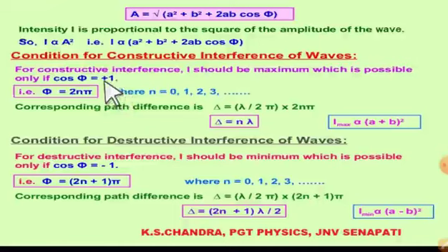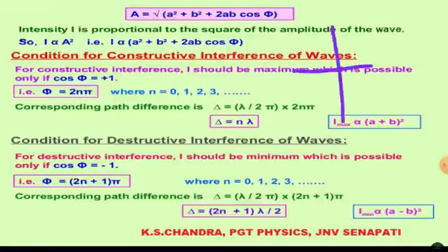Cosine of that angle comes out to be +1 when this phi is what? Multiple of twice pi. Okay, it will be having 0 value also.